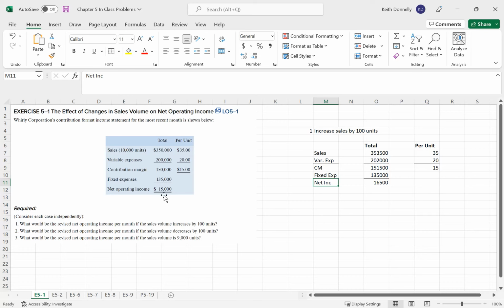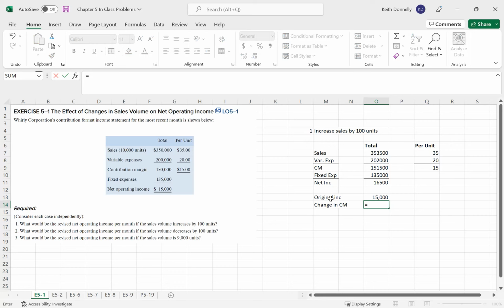Okay, so we went from 15 to 16.5. In other words, if we increase our sales by 100 units, our net operating income goes up. Another way you could get this is you could take your original income, the 15,000 from over there, and then add to that the change in the contribution margin.